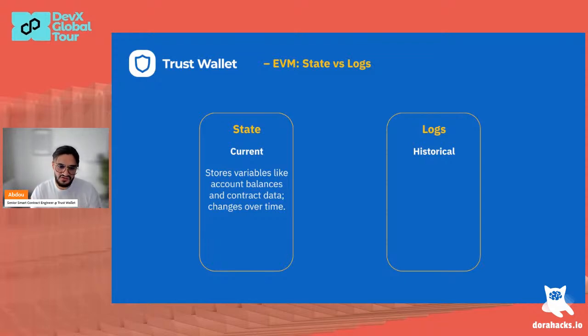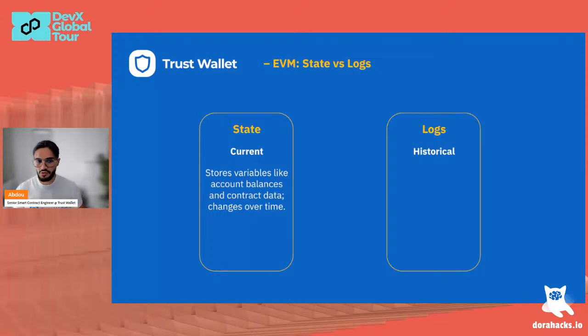The state stores variables like account balances and smart contract data, and how they change over time after each transaction. Each transaction in the blockchain, and more specifically in the EVM, is just a change of state from X to X prime, and that's what is tracked on the ledger.